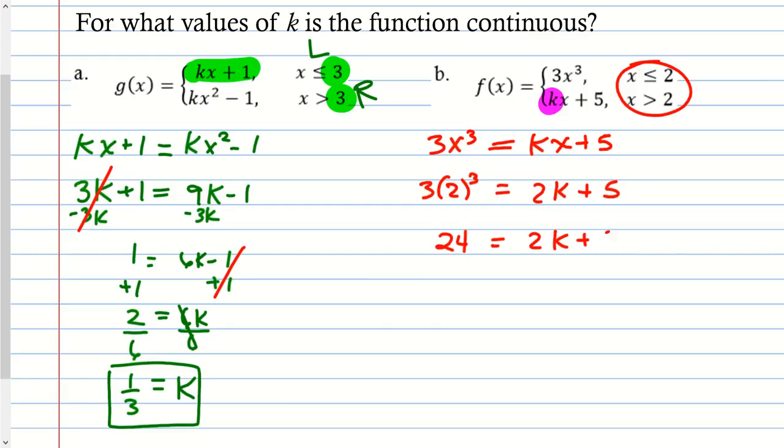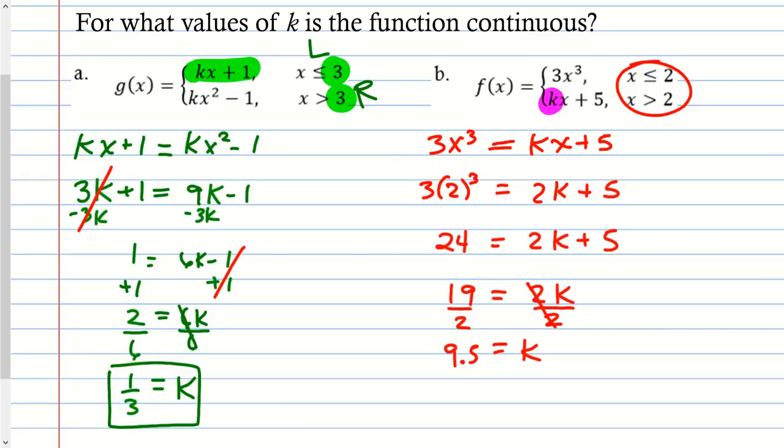Then this is just a regular old algebra equation. Subtract 5 from both sides, and I get 2k on the left, and 24 minus 5 is 19. Like previously, divide by 2 to get the k all alone. Then k is equal to 9.5.